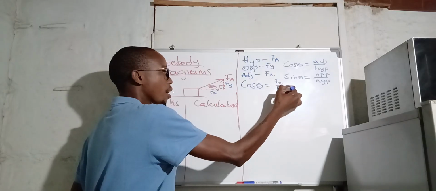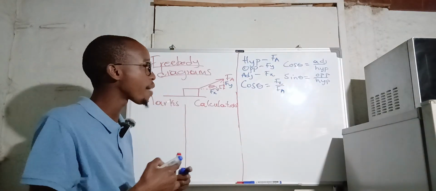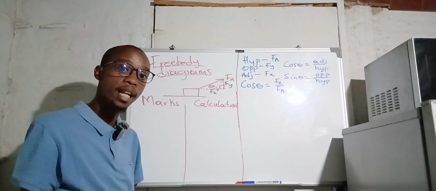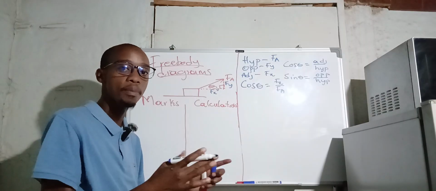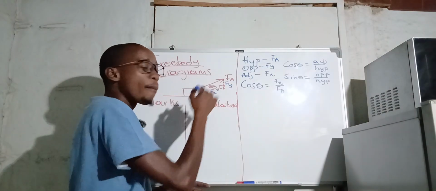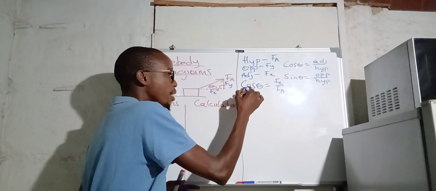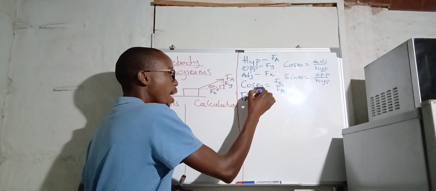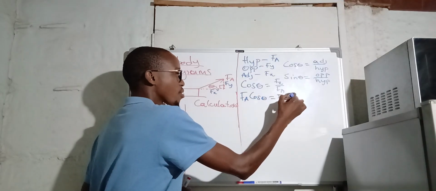I want to make my Fx the subject of the formula, which takes us back to grade 10, where we learned how to make something the subject of the formula. I'm going to multiply both sides by Fa, and on the left hand side I'm going to have Fa cos of theta, and be left with Fx.